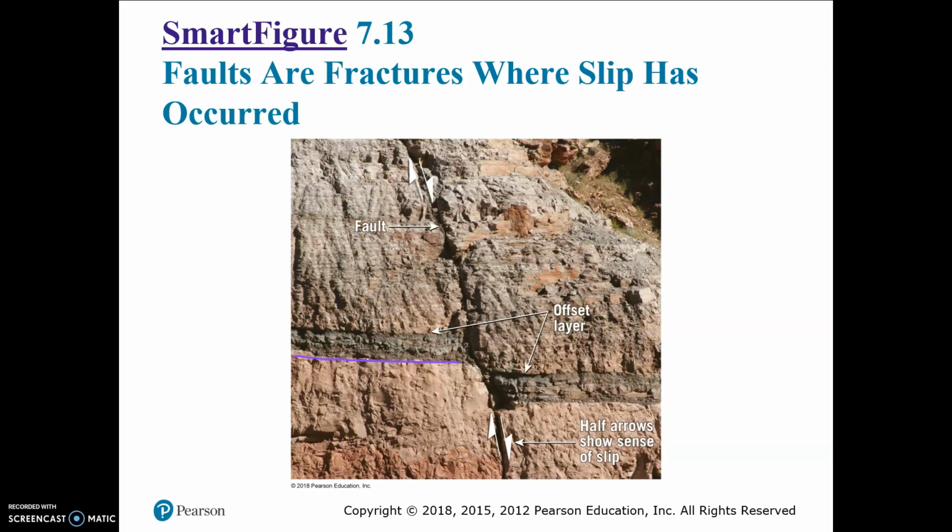So here is a particular layer that's on this side, and over here it's on this side. And so we use these arrows to indicate the direction of slip. And so what we're saying is that this side over here has moved upward, and this side over here may have moved downward, so that we get this offset layer.